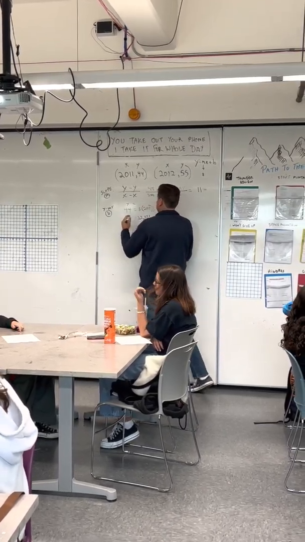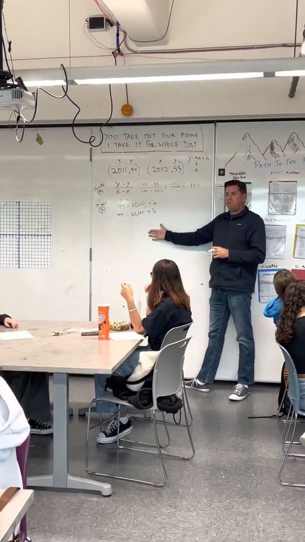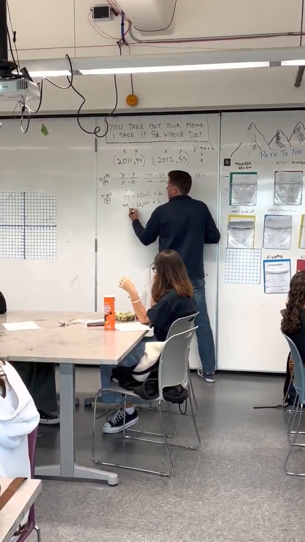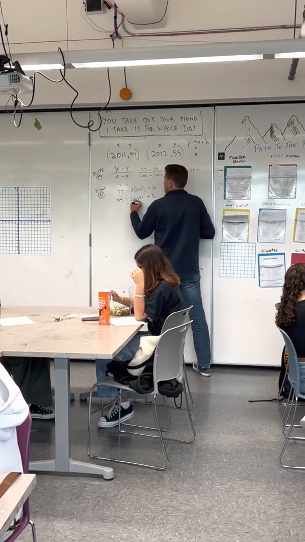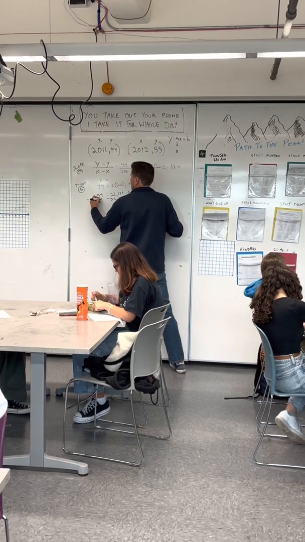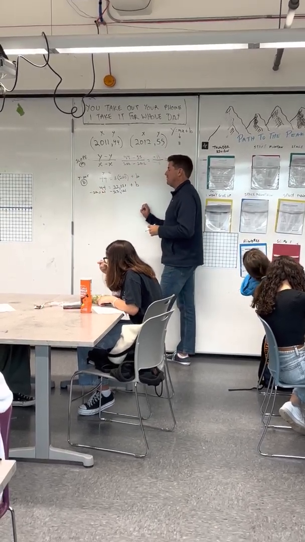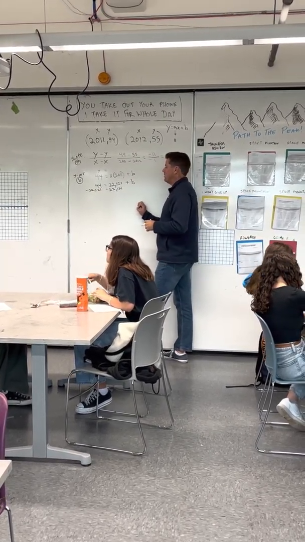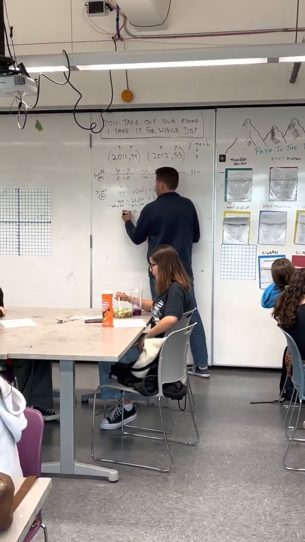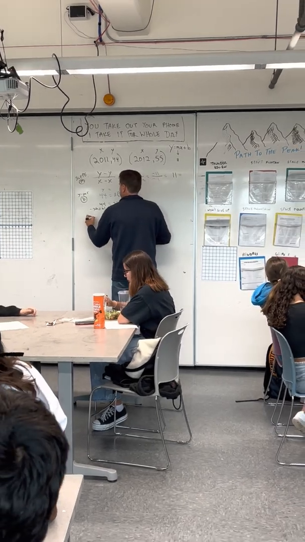Okay, what do I do now to solve for b? Yeah. I subtract the 22,121 from both sides. Now what's 44 minus 22,121? Negative 22,077.